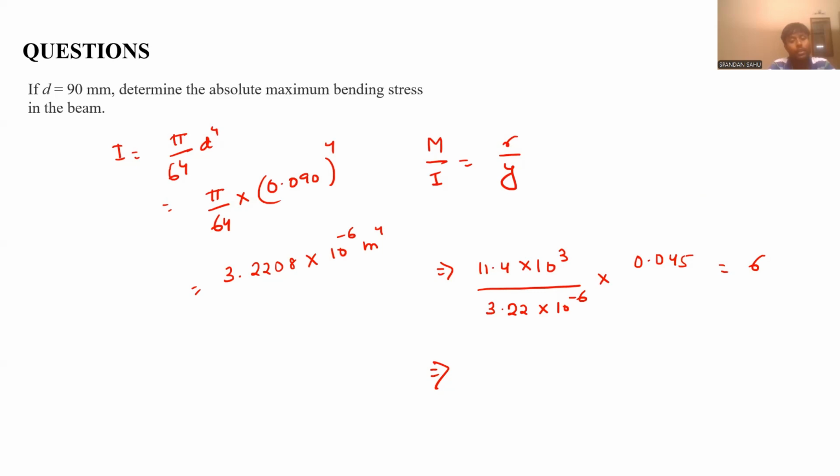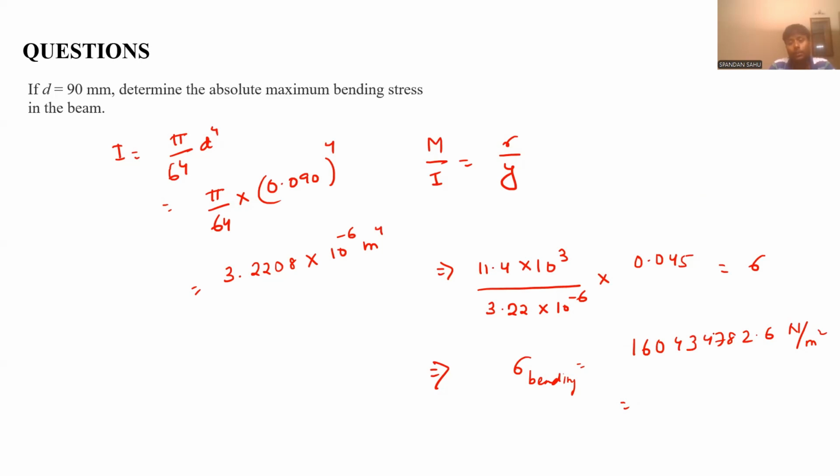Just substitute the values and let me know the answer. So we are getting sigma bending as 160,434,782.6 Newton per meter square.